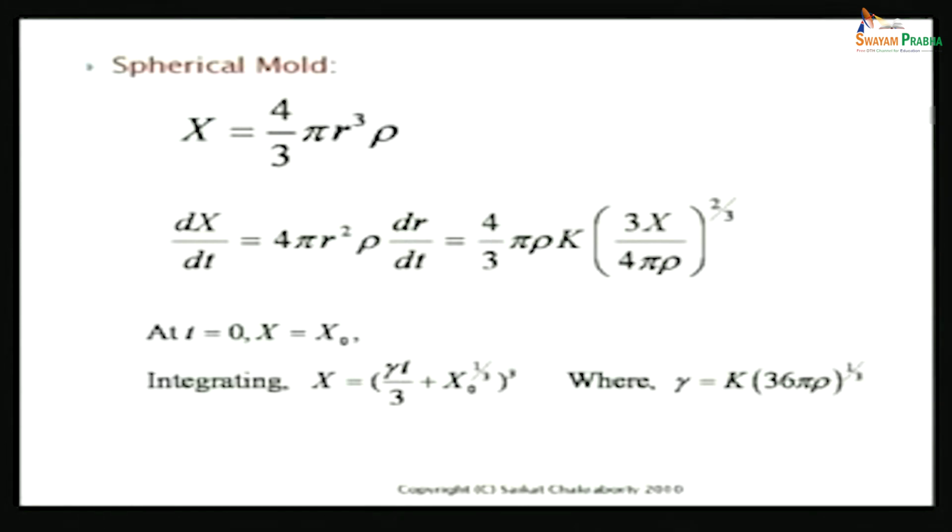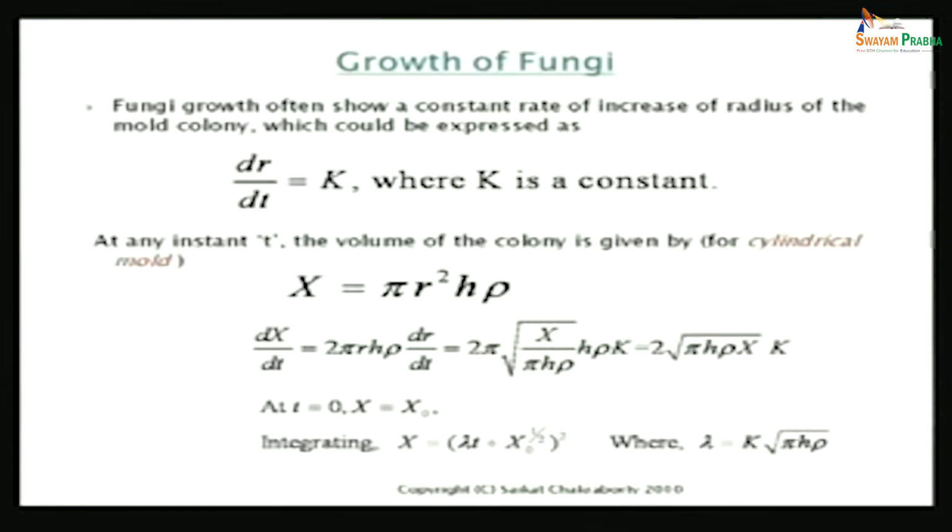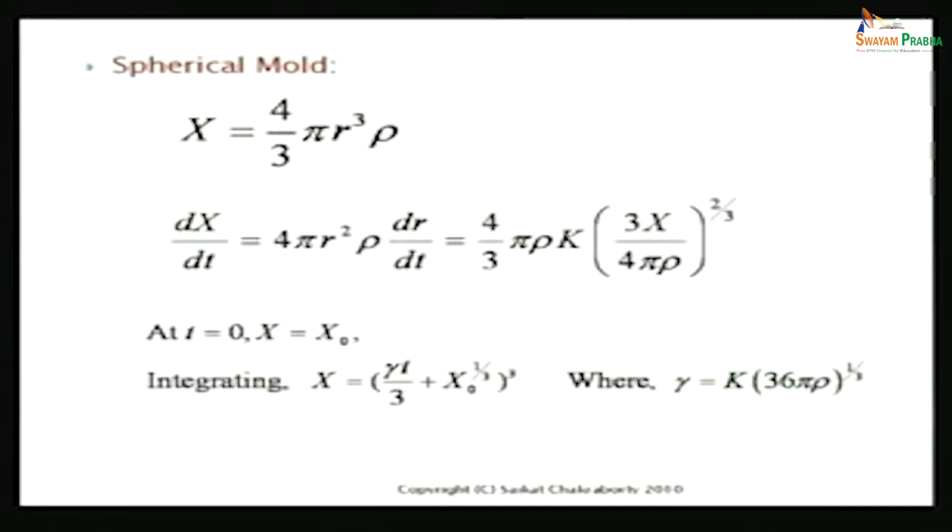It was some lambda t times something squared, and this one you get gamma t times cube. Which means that a spherical mold will grow much faster than a cylindrical mold, right? It goes as cube of time, and that goes as square of time.